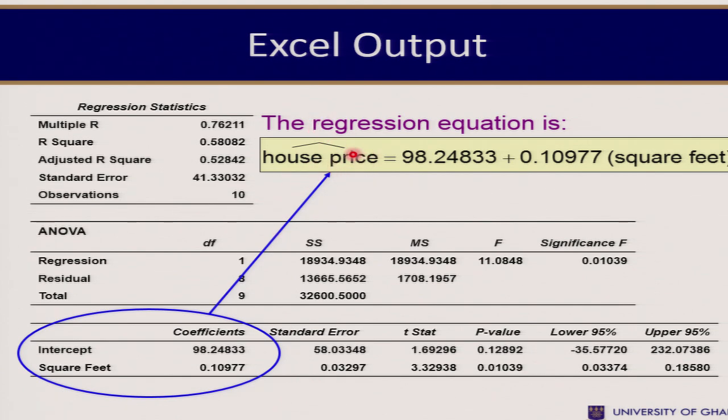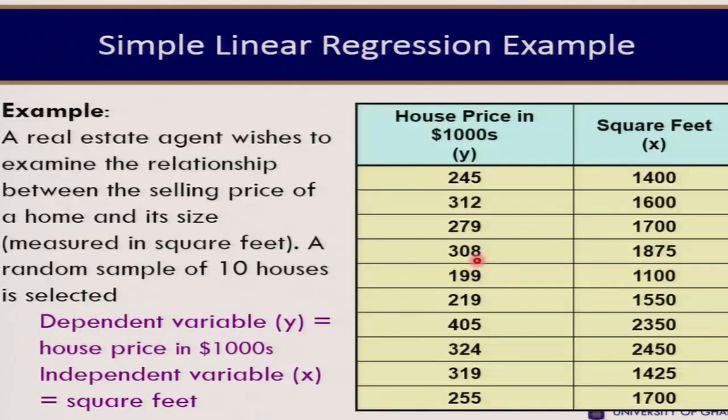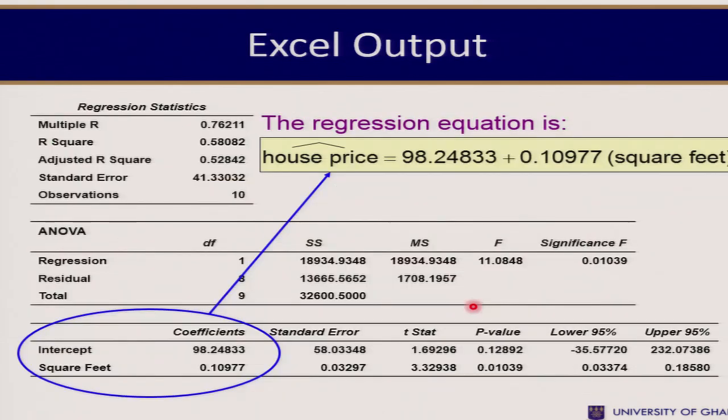Therefore, our estimate of the house price is given as 98.248, that's the value of b0, plus 0.10977 times the square feet, that is the size of the house, given as the b1. So based on this sample, this becomes our estimated regression equation.